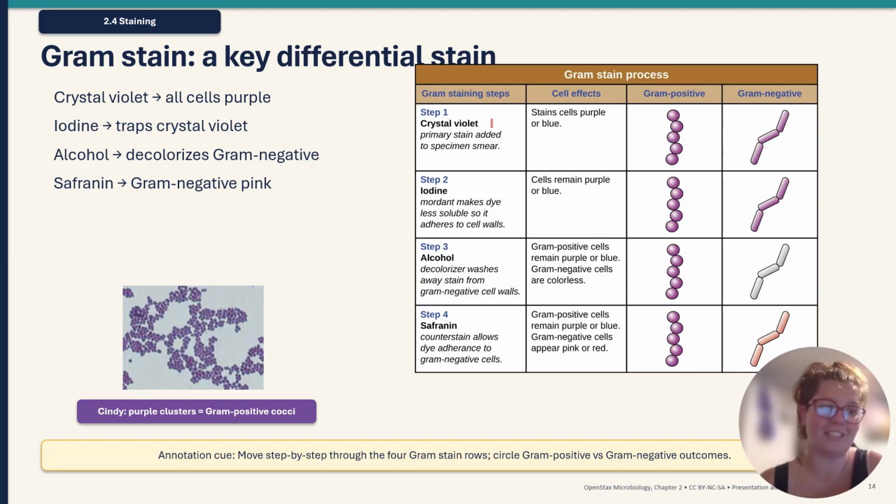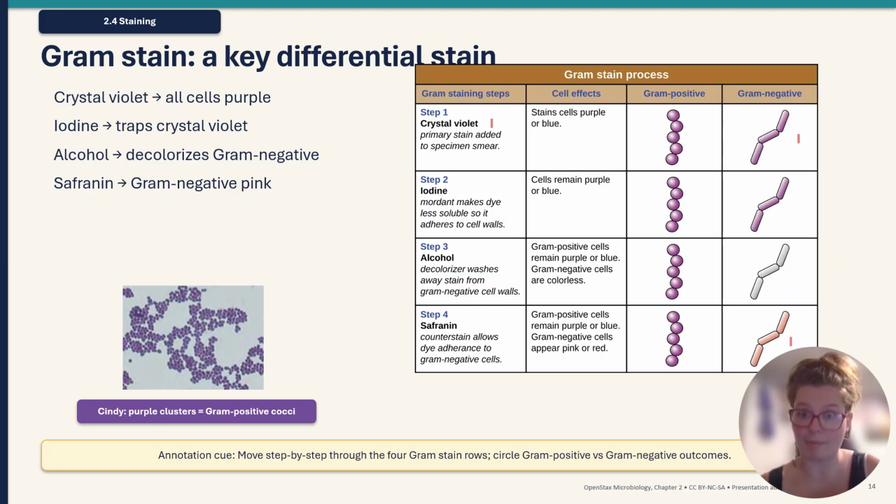The gram-negative bacteria lose the crystal violet during decolorization and appear pink after the counterstain. As we move through the steps, just notice the gram-positive cells stay purple.